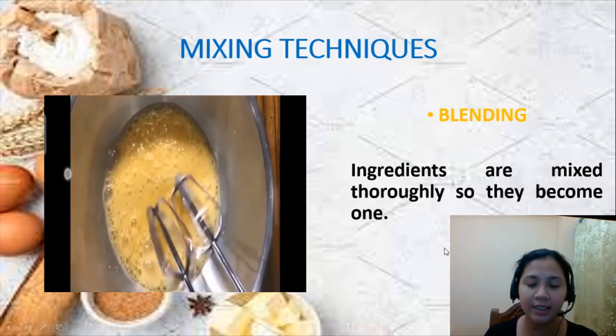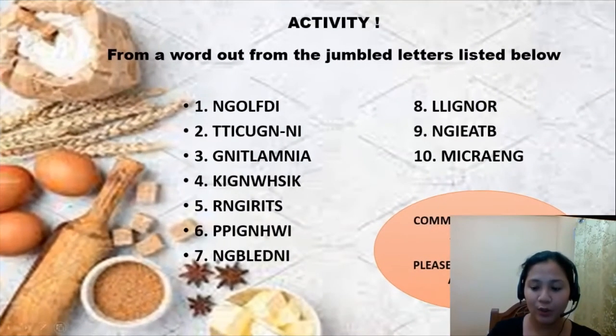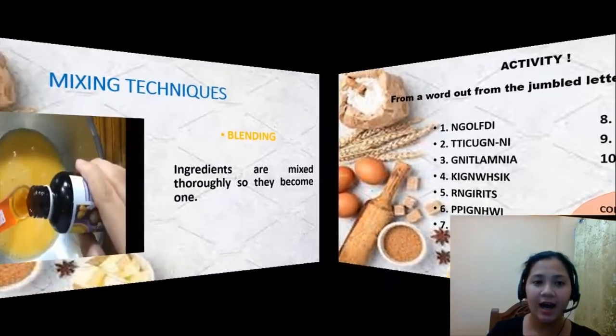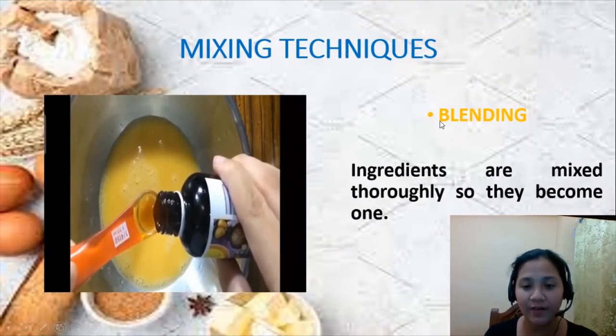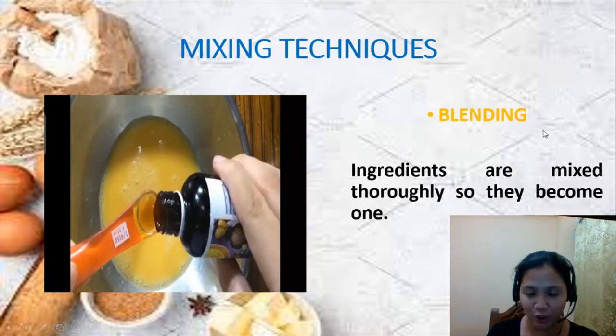Okay, so blending, you can use two or three liquid ingredients and mix them thoroughly so they become one. That is how you blend the liquid or wet ingredients. Those 10 are the mixing techniques we have in baking production or pastry production.